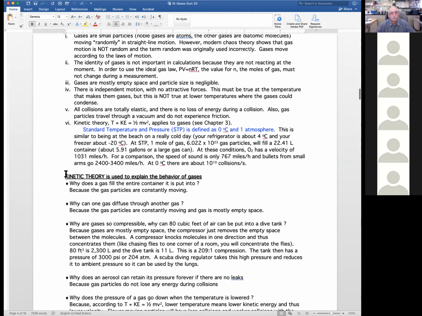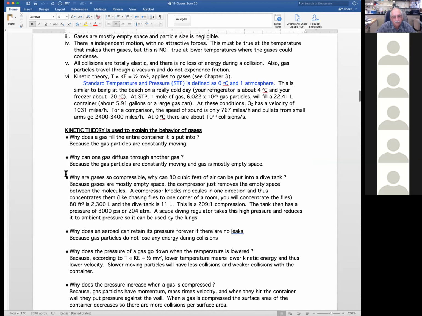So now, just to give you an idea, and you know what? You just don't see this kind of stuff in a regular textbook. So STP is standard temperature and pressure. So that's defined as 0 degrees Celsius and 1 atmosphere.